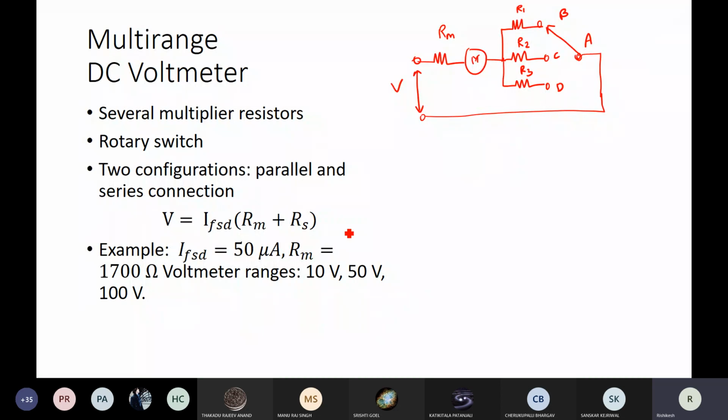This is a parallel configuration, and we have also seen another configuration wherein instead of connecting the resistances in parallel, you connect them in series in this manner.